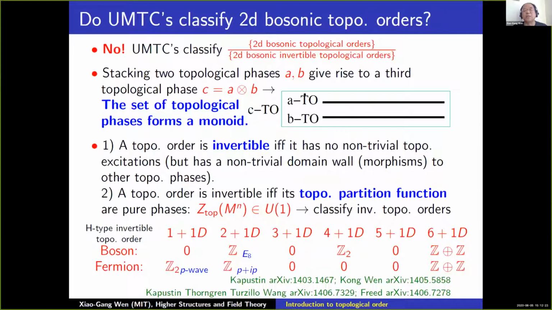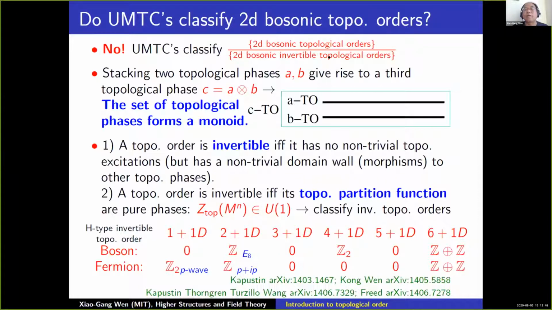Then that's invertible, and invertible topological orders have only trivial excitations. They do not have non-trivial excitations, and their topological partition function is a phase factor. So using unitary modular tensor categories only classifies excitations, but the invertible ones have trivial excitations, so they can overlook that.